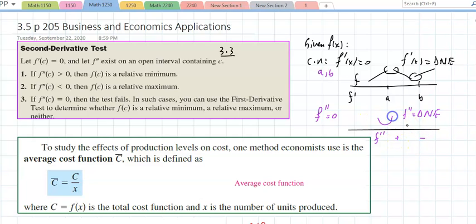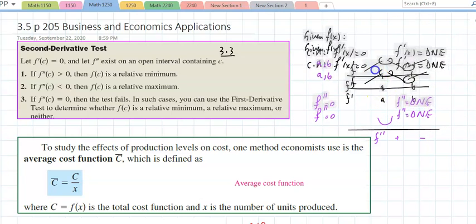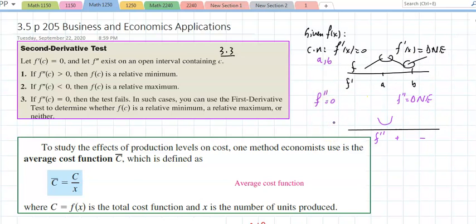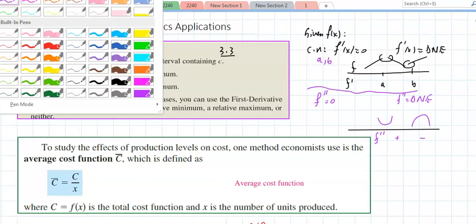If it's positive and if it's negative, kind of here. Let me just space those out a bit higher. There we go.